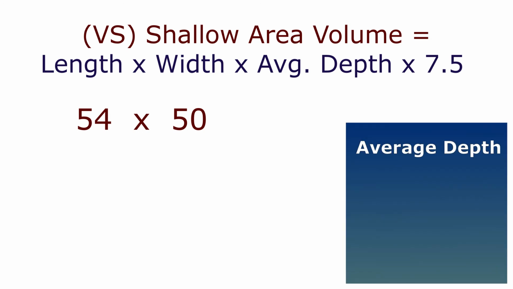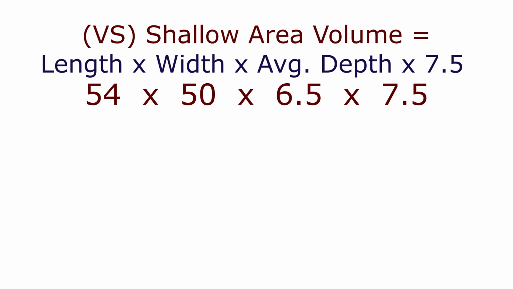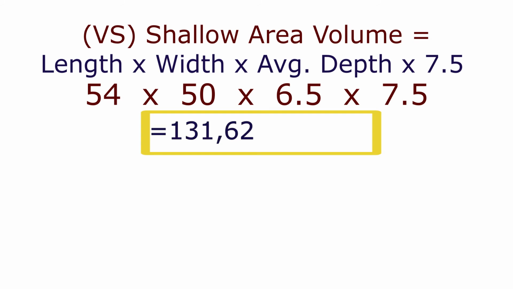We have to calculate our average depth here. Our average depth for the shallow end will be 10 plus 3 divided by 2, which is 13 divided by 2, which gives you 6.5. So that goes right here. So 6.5 times your 7.5. And we get a volume in the shallow end of 131,625 gallons. So this is our shallow end volume.